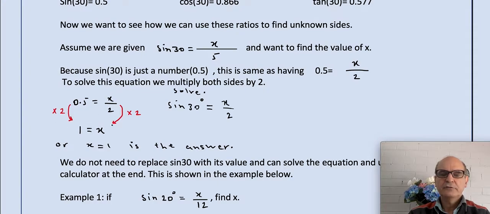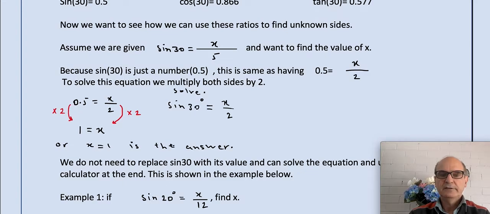Now we know how to solve this equation. Because x has been divided by 2, you've got to times it by 2. So times by 2, but you've got to times the other side also by 2. And half times 2 becomes 1, and x divided by 2 times by 2, that 2 cancels, you end up with x.